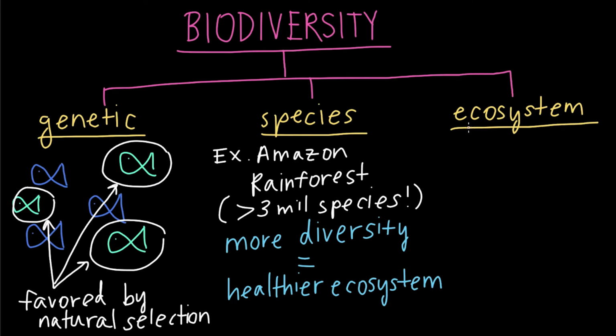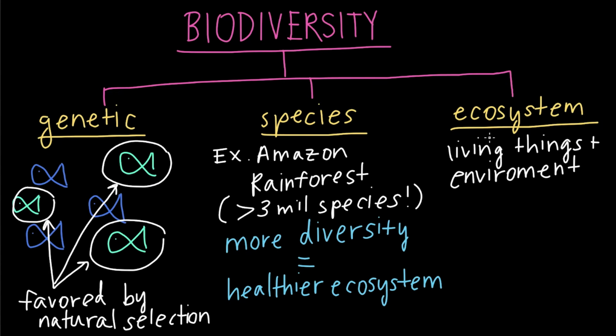Finally, we have our broadest category, which is ecosystem biodiversity. This kind of biodiversity describes the variety of ecosystems on Earth. So let's recall that an ecosystem consists of a community of living things and their physical environment.